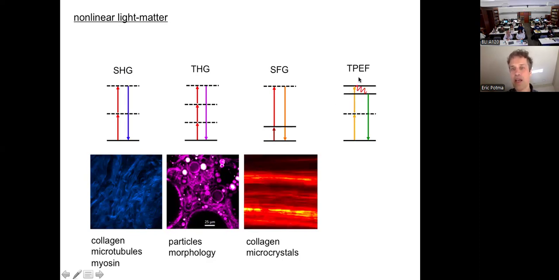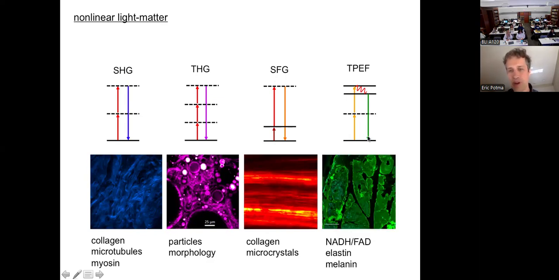Or two-photon excited fluorescence: 2 photons in, and then a small relaxation, then a photon emitted through fluorescence. Extremely popular technique, and you can use it in a label-free way, because of the presence of some molecules that are naturally fluorescent, for instance, NADH, FAD, elastin, and even melanin. That gives you some beautiful molecular contrast of tissue samples.